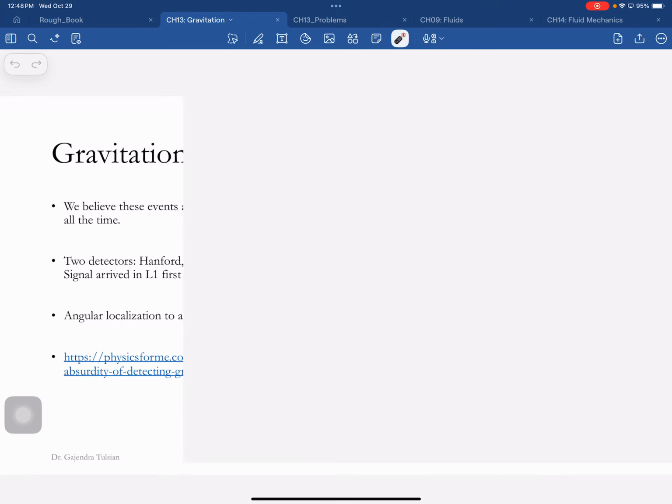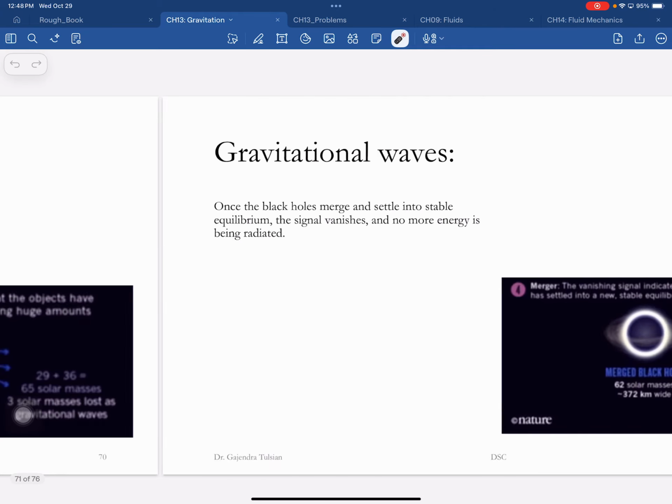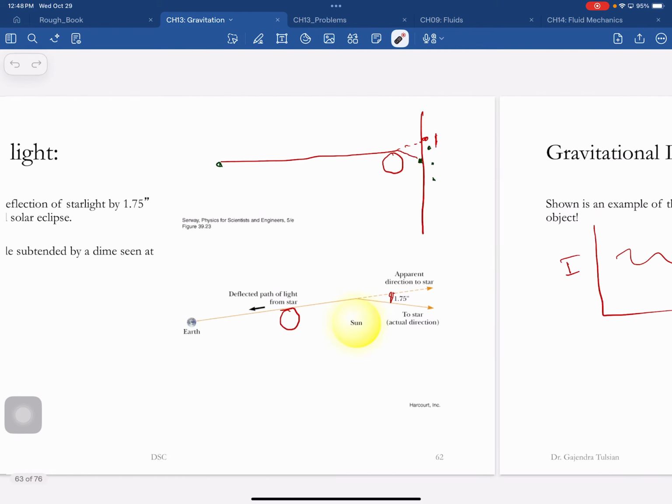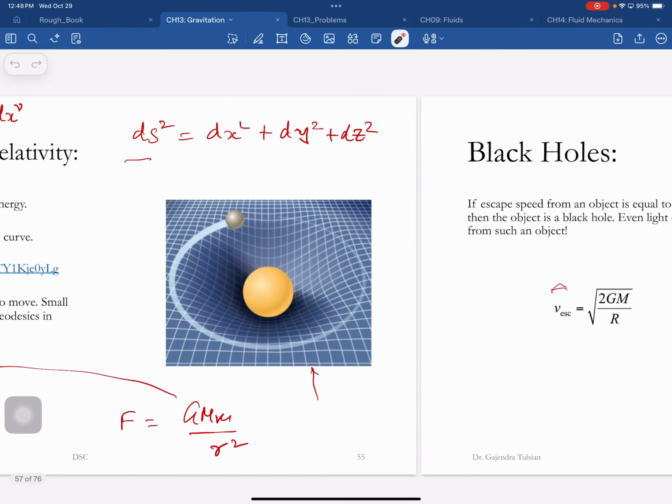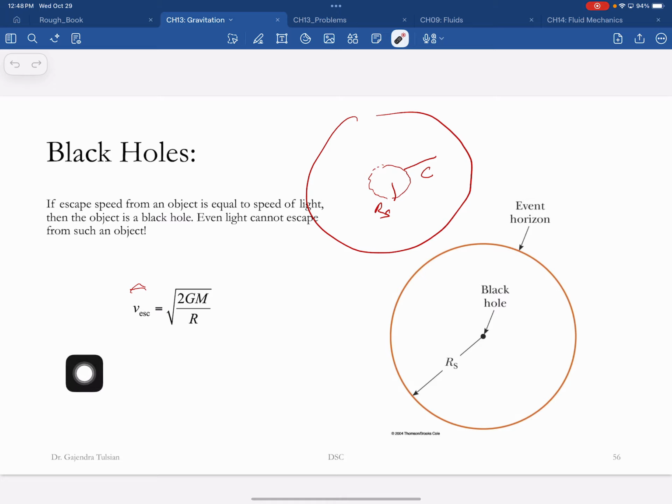Here's the formula for the escape velocity. The escape velocity is the square root of 2GM divided by R, where M is the mass of the object you're trying to escape from, and R is the distance you're trying to escape from.